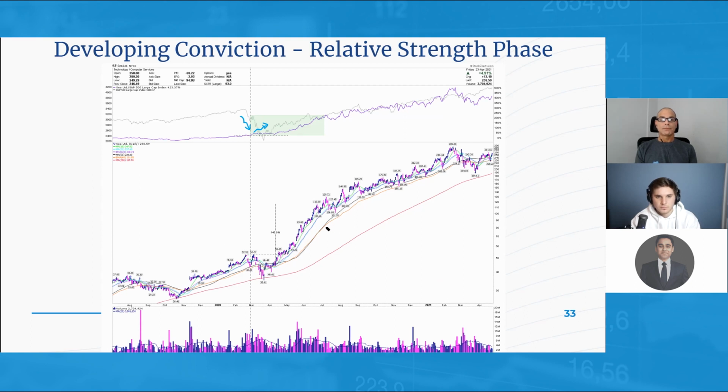And in this case, SE, for example, exhibited the same thing that Amazon did, the same thing that DocuSign did, the same thing that Zoom Video did in the March 2020 correction. The RS line made new high ground or entered an RS phase while the market was in correction.